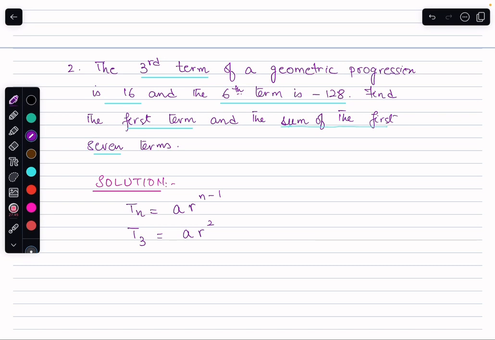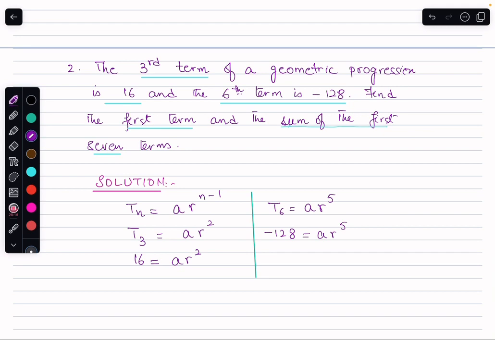So the third term of this sequence is 16, which is equal to a r squared. Now let's go to the sixth term. The sixth term here, T6, shall be equal to a r to the power 5. And the sixth term is -128, which is equal to a r to the power 5 here.